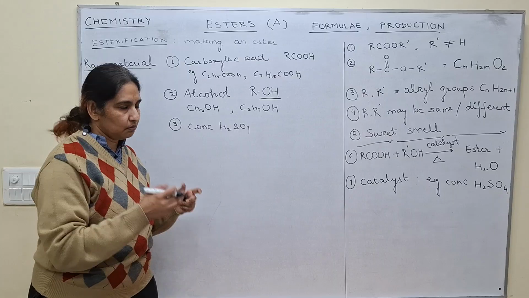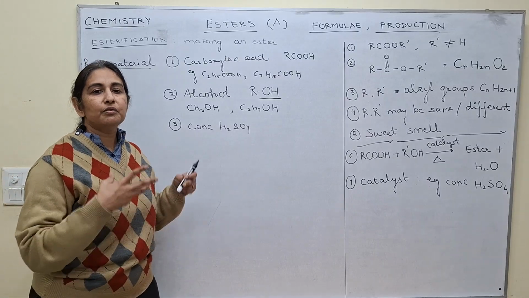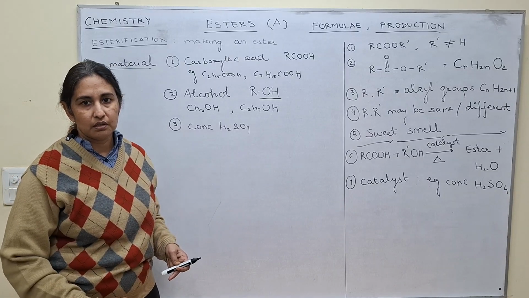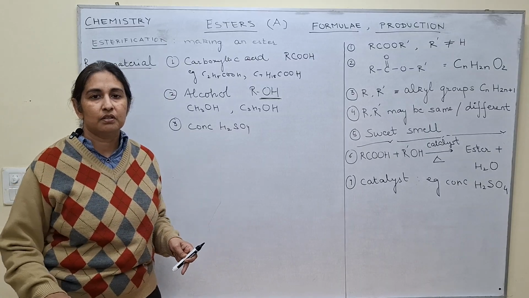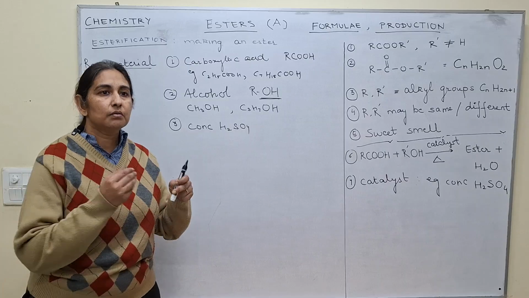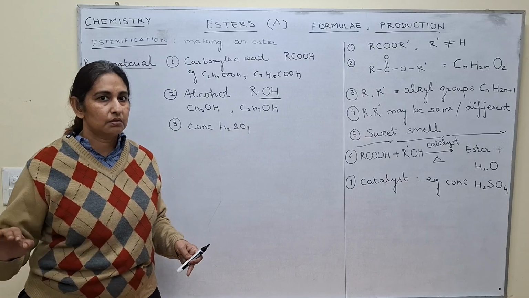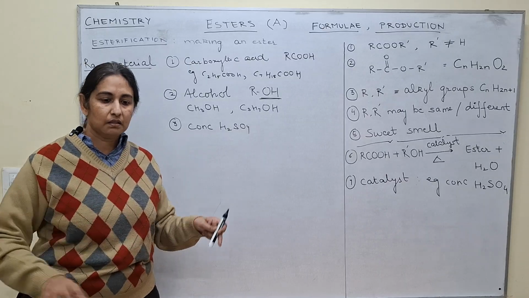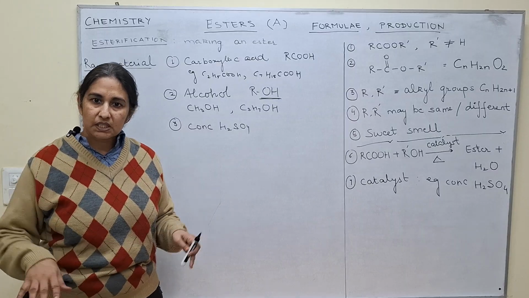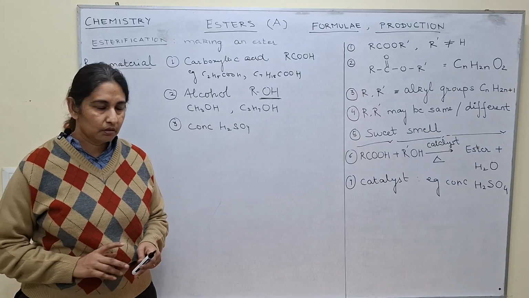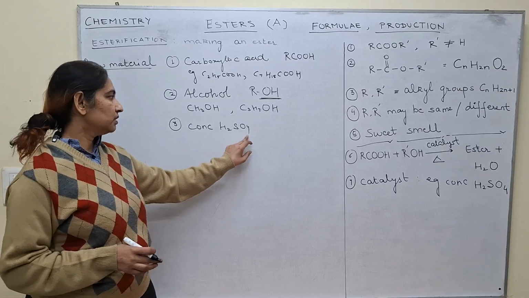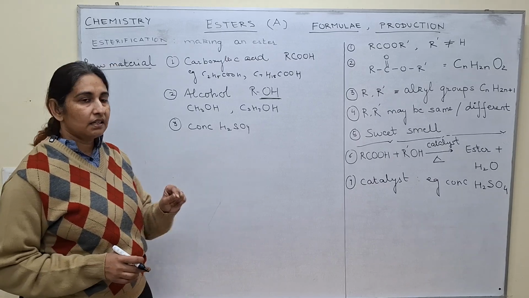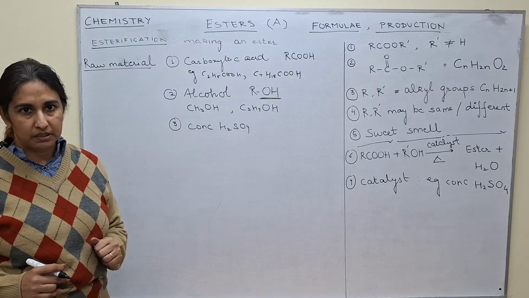If you put 500 grams of H2SO4, at the end of everything, you'll still have 500 grams of H2SO4. So it is required, but it is not used up. It still remains in the mixture. But we definitely need it. So I like to put concentrated H2SO4, the catalyst, as a part of the raw material.